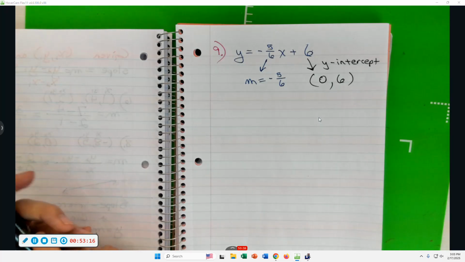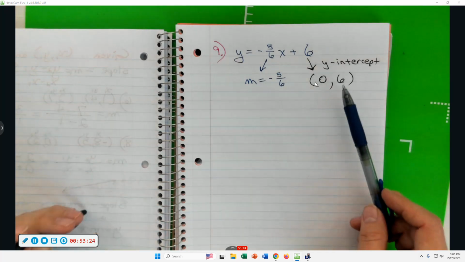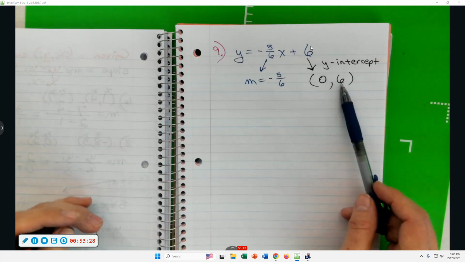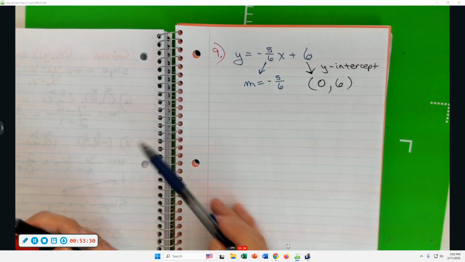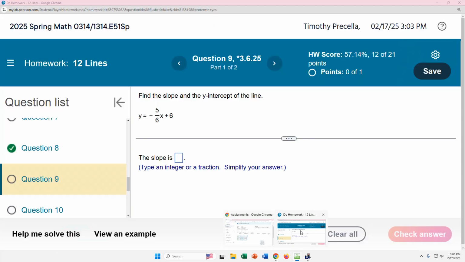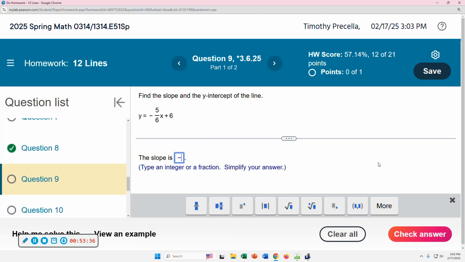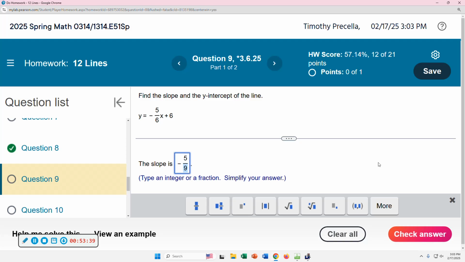So the y-intercept is the ordered pair (0, 6). And it'd be awful if on the first test you miss this answer, because when they ask for the y-intercept, the common mistake is people just write a 6. And it's counted wrong. Instructions will say write it as an ordered pair. But first, negative. The slope is negative 5 over 6. Oops, I put over 9.